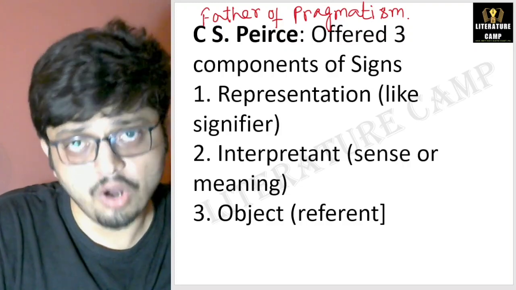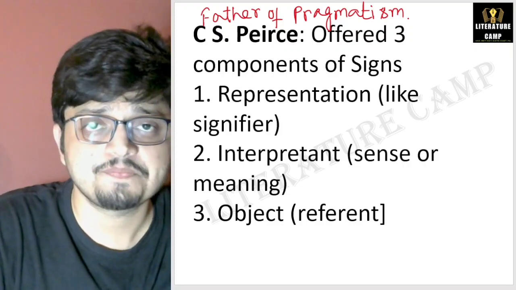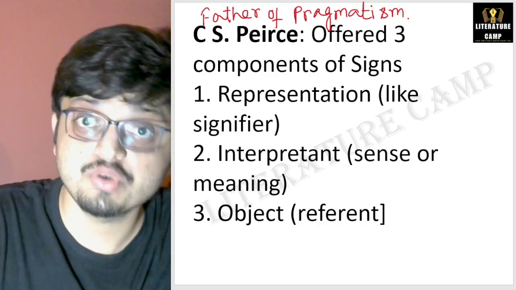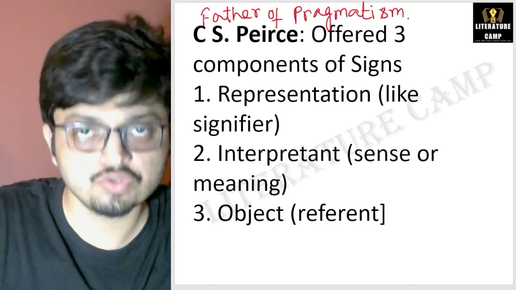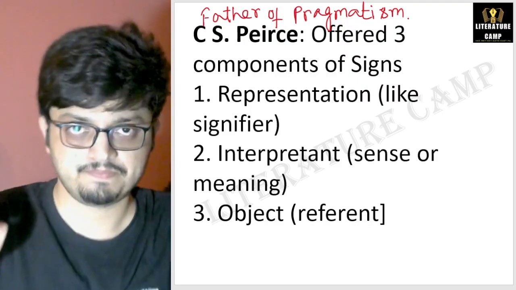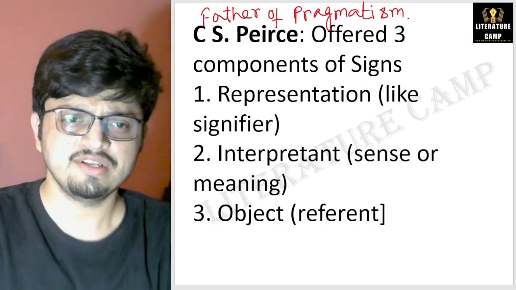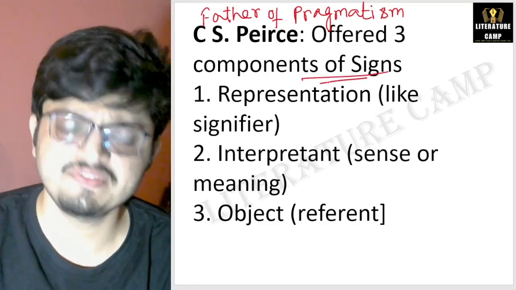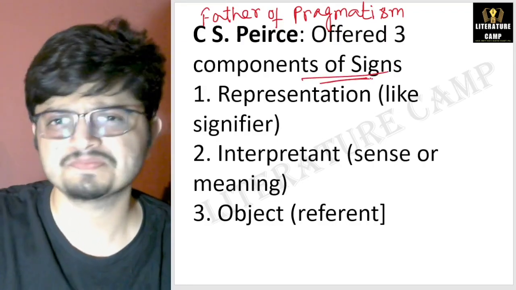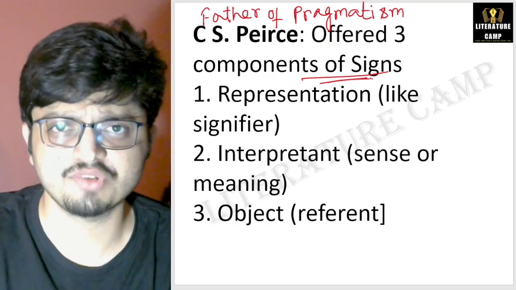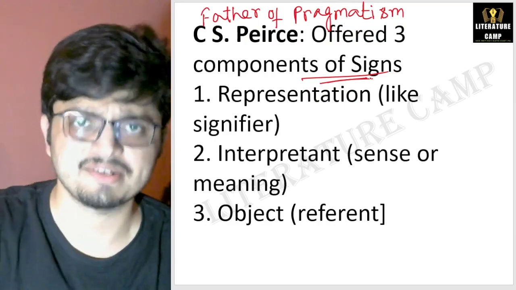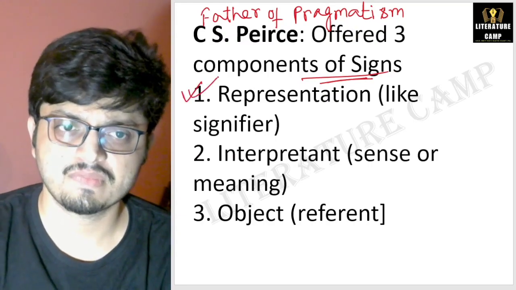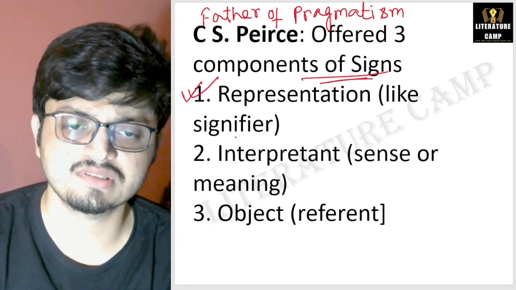All right. So C.S. Peirce called the study of signs semiotics, and Saussure called it semiology. Same concept is there. So he offered three components of sign. Definitely, this concept is very similar to Saussure's concept of signified and signifier. Number one is representation, like Saussure's signifier.